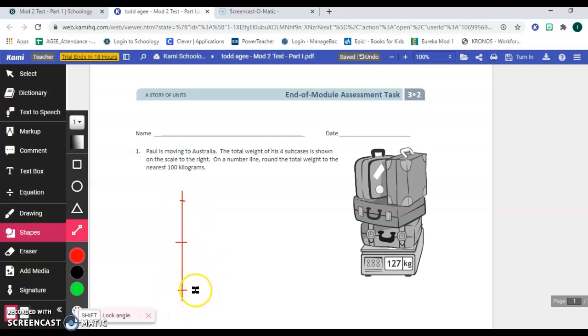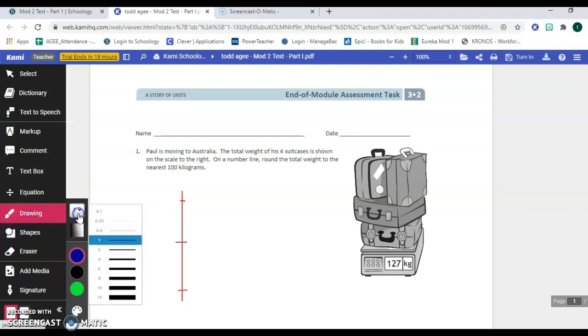You find the 100 that's lower, the 100 that's higher, the in-between mark, the middle point, and then you plot the weight onto the line with a dot. So you'll basically be using the drawing tool to just click a dot.